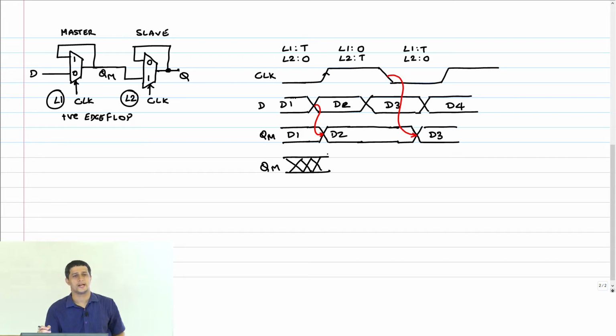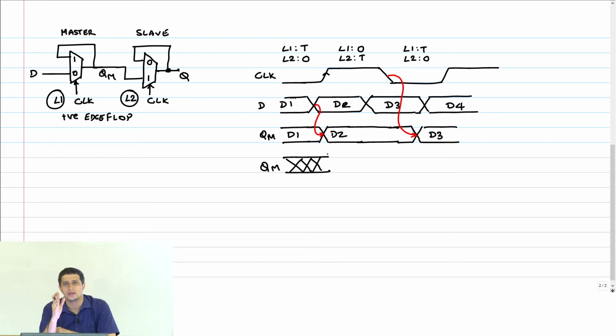It's an unknown state. Now the clock is going high, and therefore L2 is becoming transparent and L1 has become opaque, right? But QM has already sampled D2.